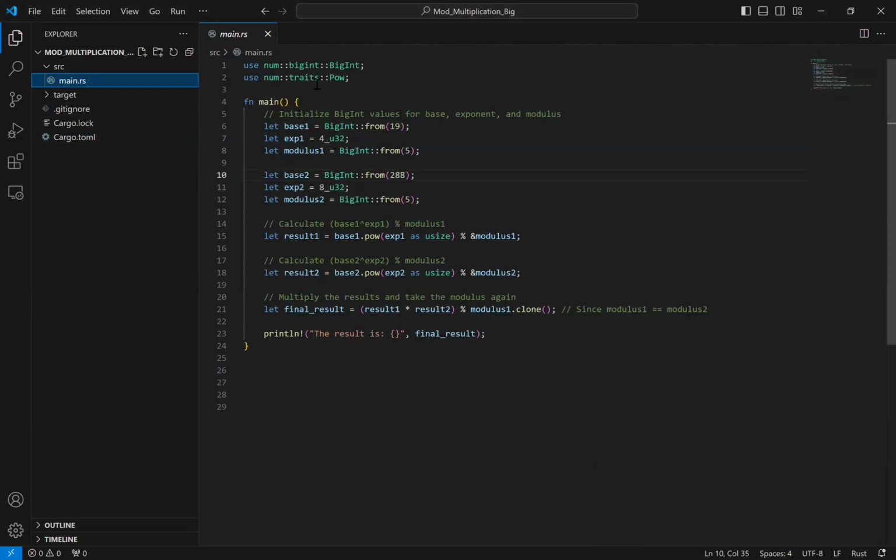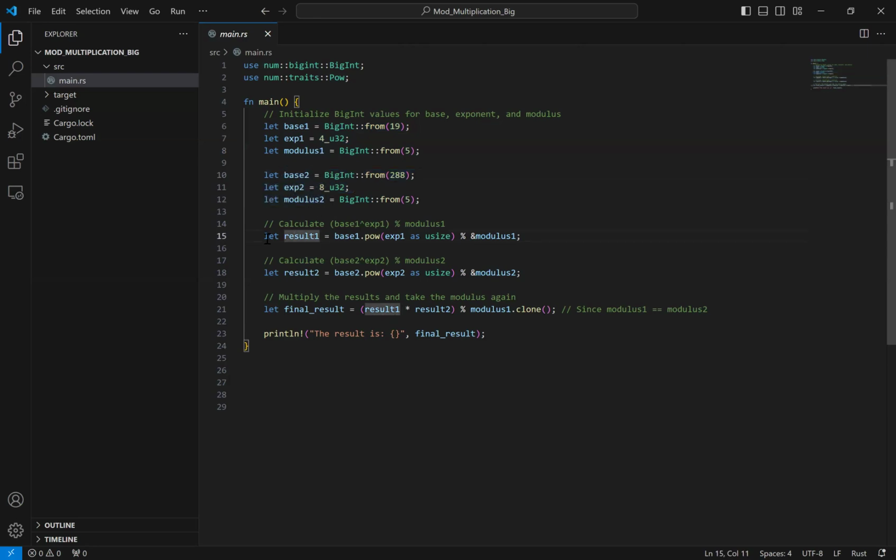And this is what we have, the libraries there. And then this is for the first integer, the base, the power, and the mod of the first integer. Again, for the second integer, we have here the base, the exponent, and the mod.